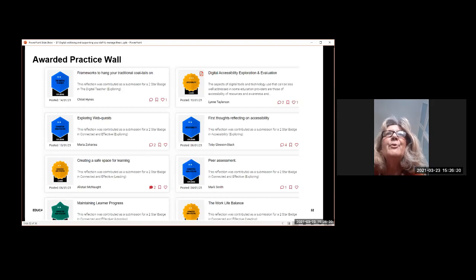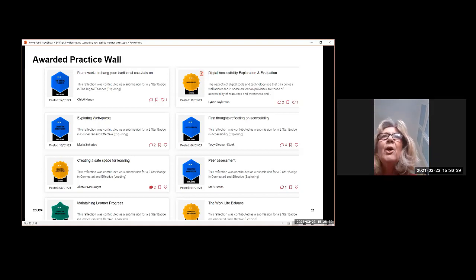Each one of those is a reflection, and the person submitting has given them a title, and you can see some little icons in red at the bottom right hand corner of each one of the reflections, showing whether people have been commenting, liking, bookmarking.